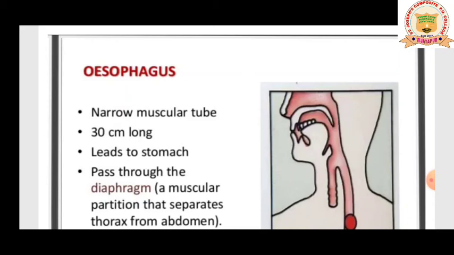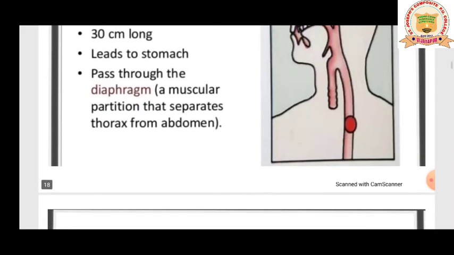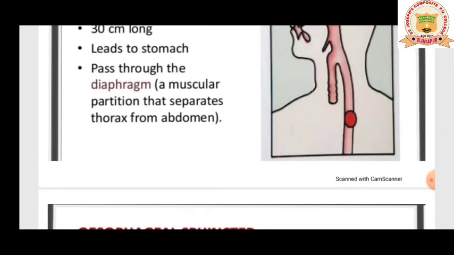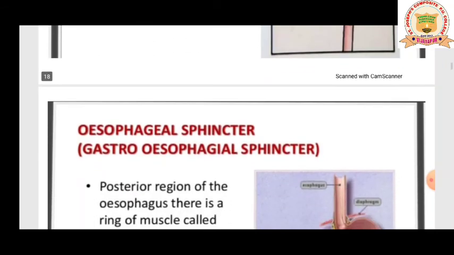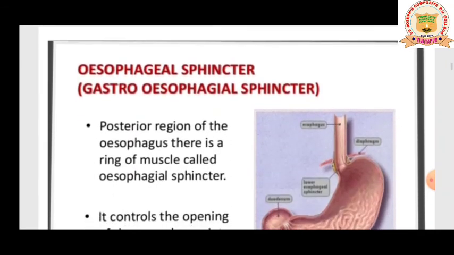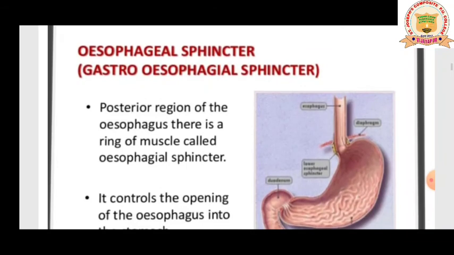It is tubular, about 30 centimeters long, passes through the diaphragm, and leads through the thorax and abdomen to the J-shaped structure called the stomach.